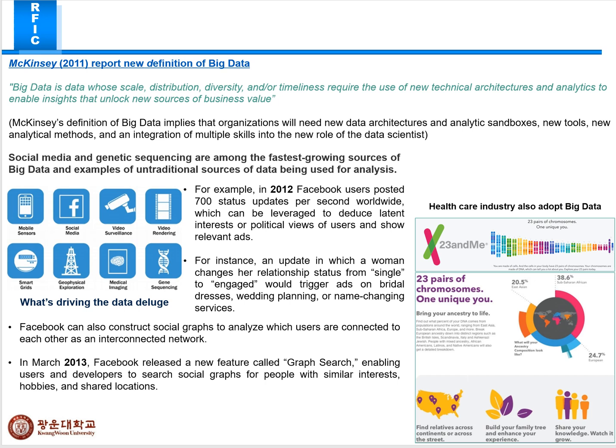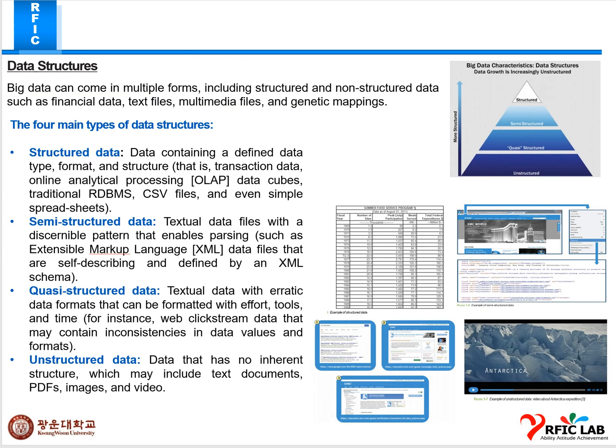This feature enables users to develop a social graph of people with similar interests and hobbies and shared locations, so it is very easy for users to interact and find people.